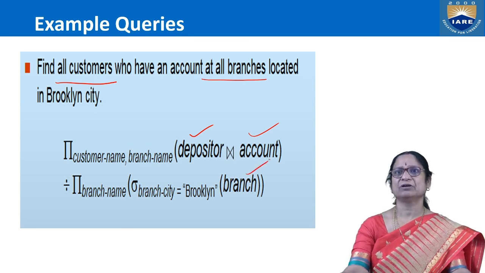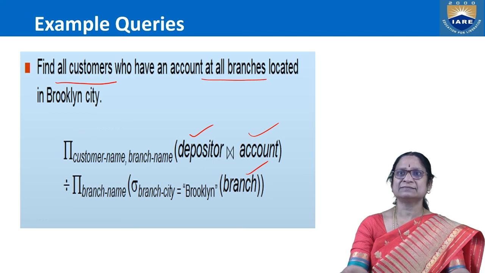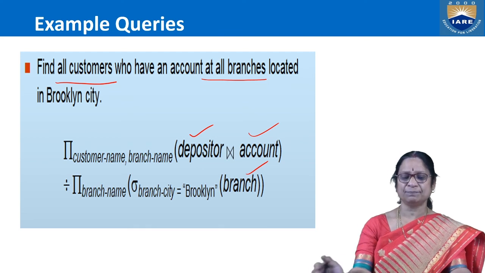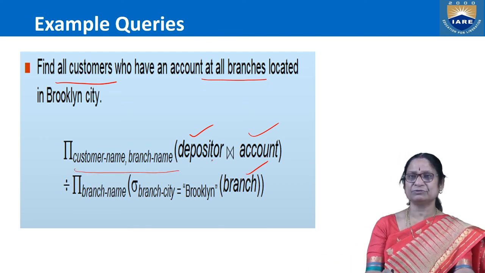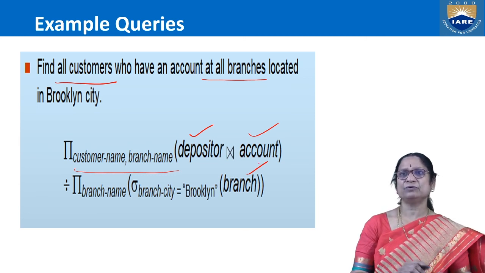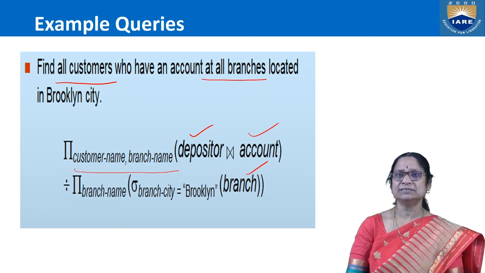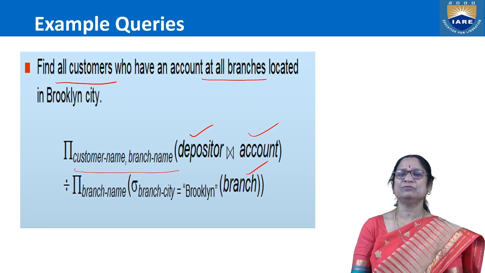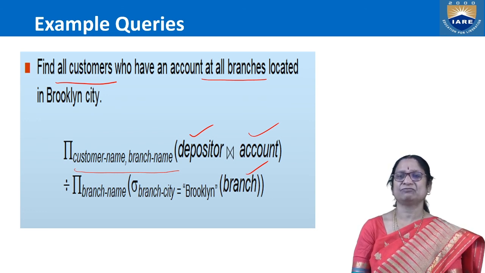First I am supposed to find all customers from depositor and account, taking common attributes customer name and branch name: depositor join account. Then we will get all details of the customers, that is customer name, and the branch name in which they have an account.